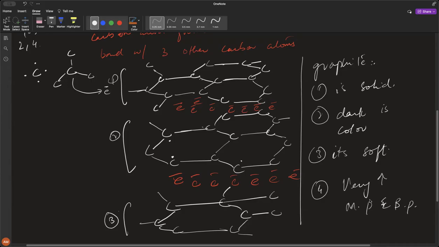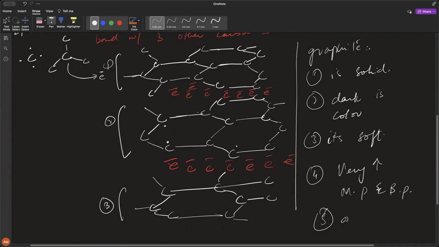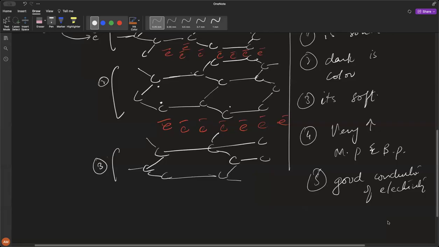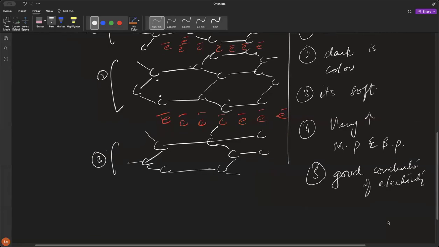We'll see why. It is also a good conductor of electricity. I'll write the description for each of it. It is unreactive.